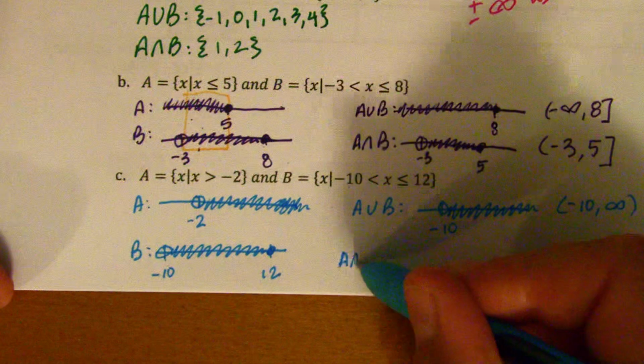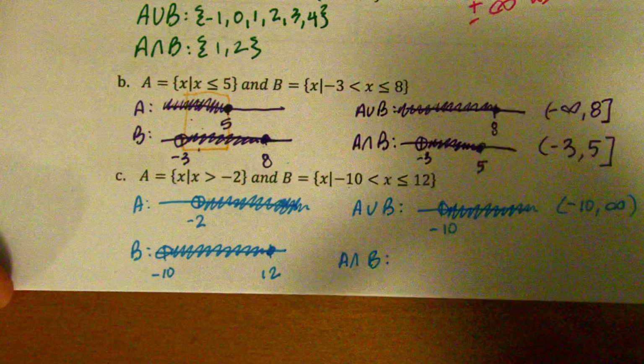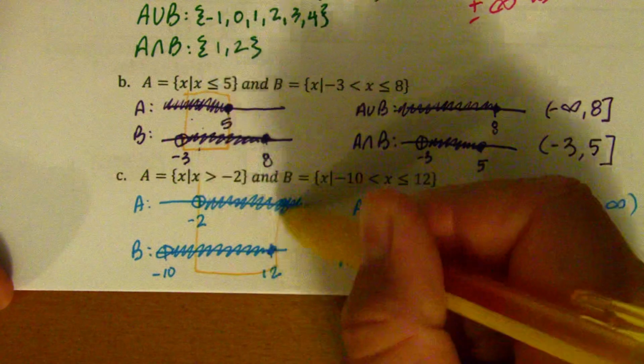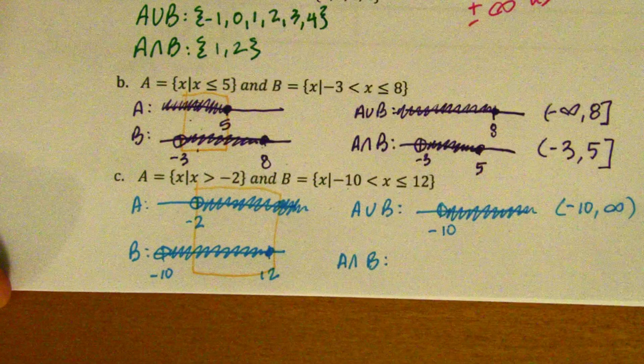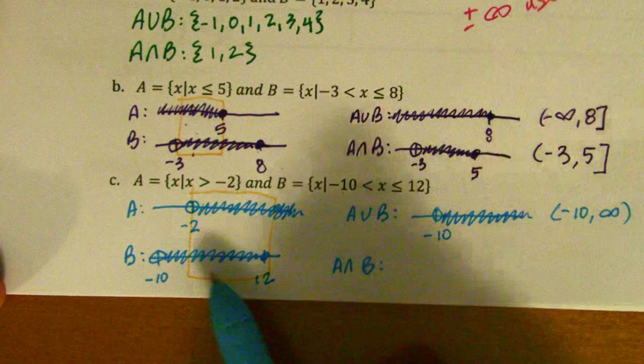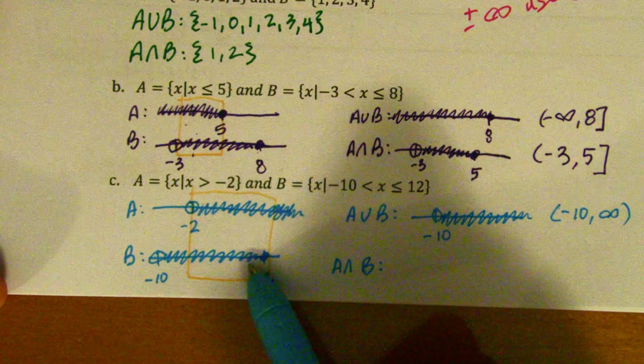A intersect B is the overlapping. So if you look at these two, and again, this is why I really find it helpful to actually graph them, even though nowhere in the instructions did it tell you to graph. So from -2 to 12 is kind of our overlapping area here.